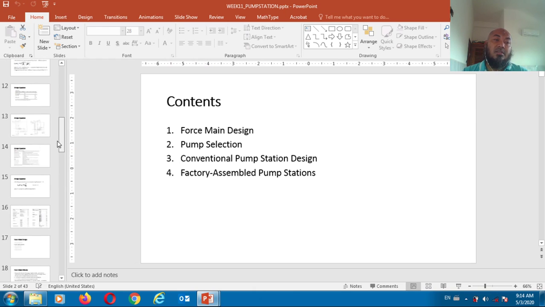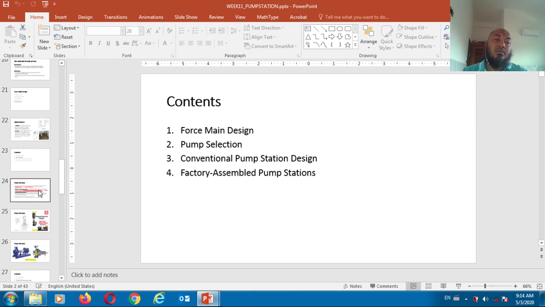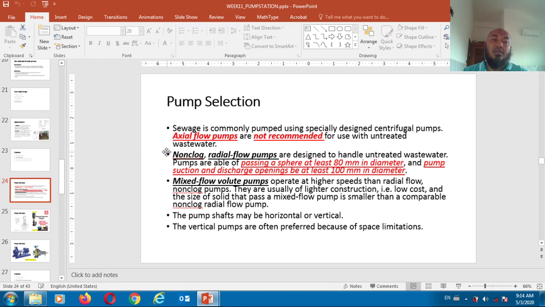After that we go to pump selection. Mostly for sewage, axial flow pumps are not recommended. We should not use them.